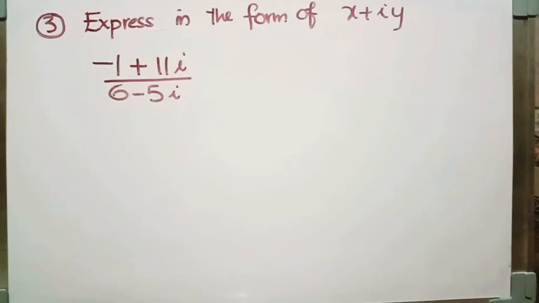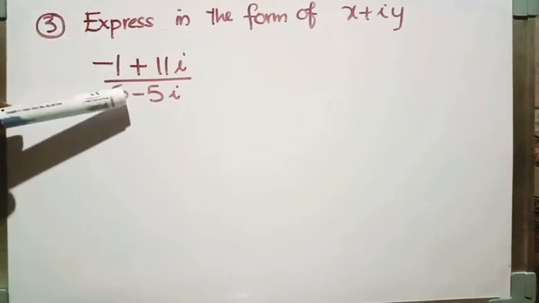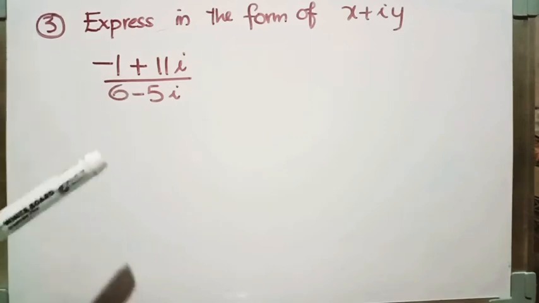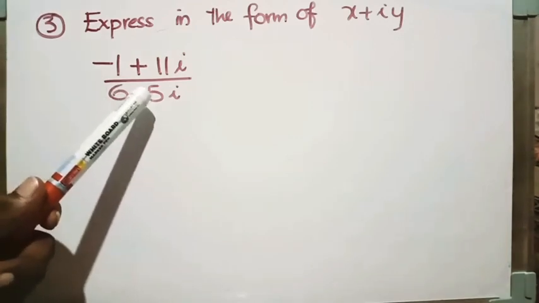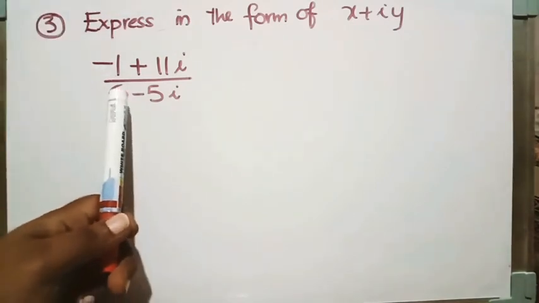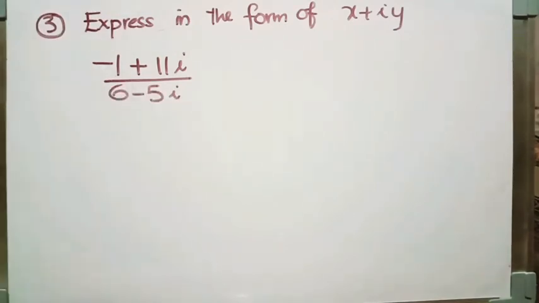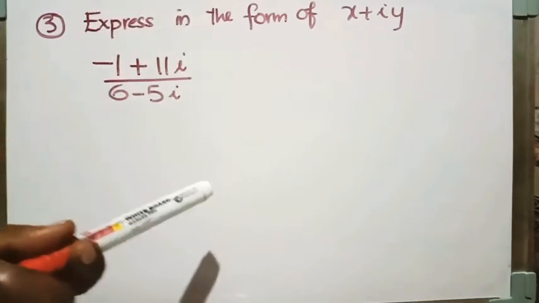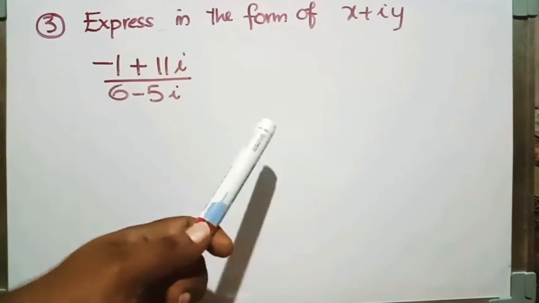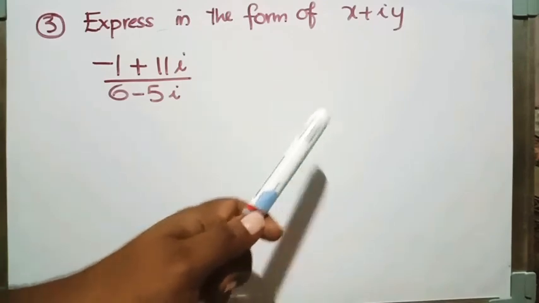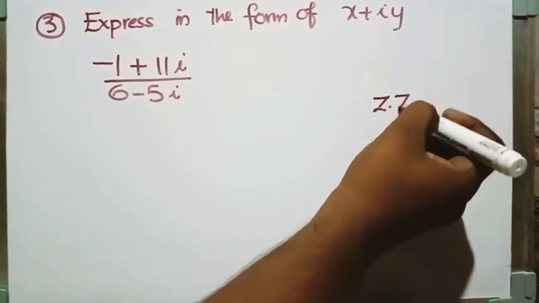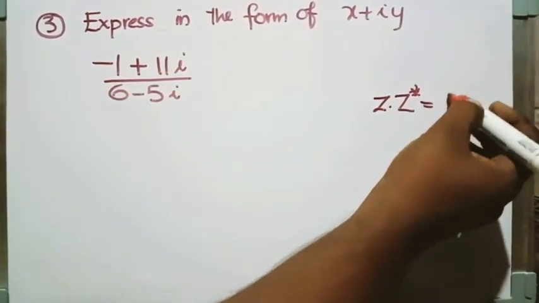And remember, when we do a question with a fraction in complex numbers, make sure you are changing the denominator into a real number. Now the denominator is a complex number that has to be changed to a real number. And we have just seen the product of a number and its conjugate is a real number.